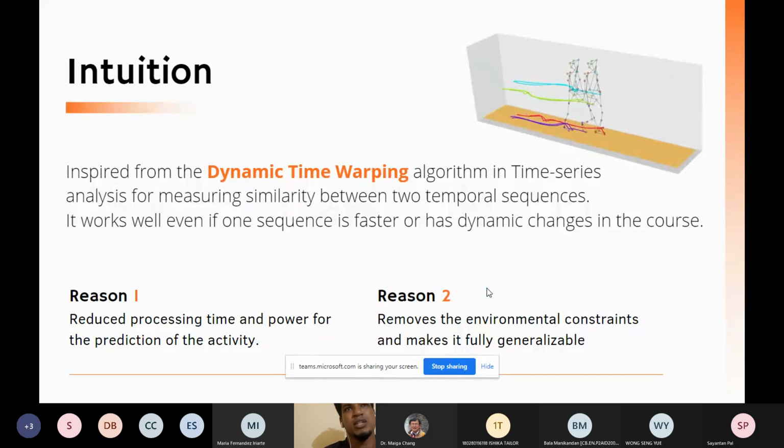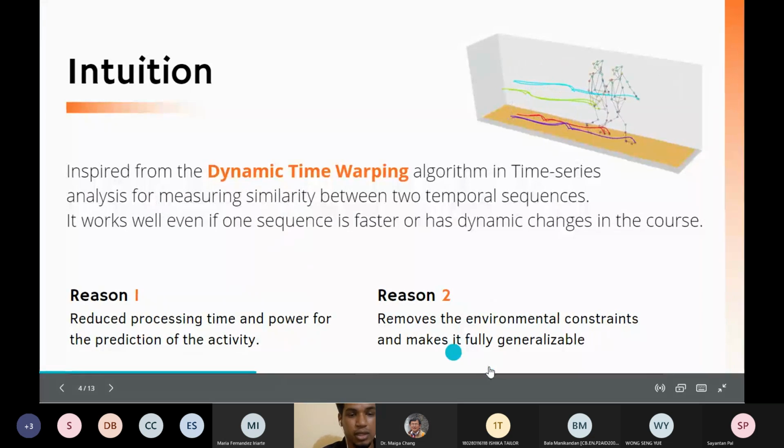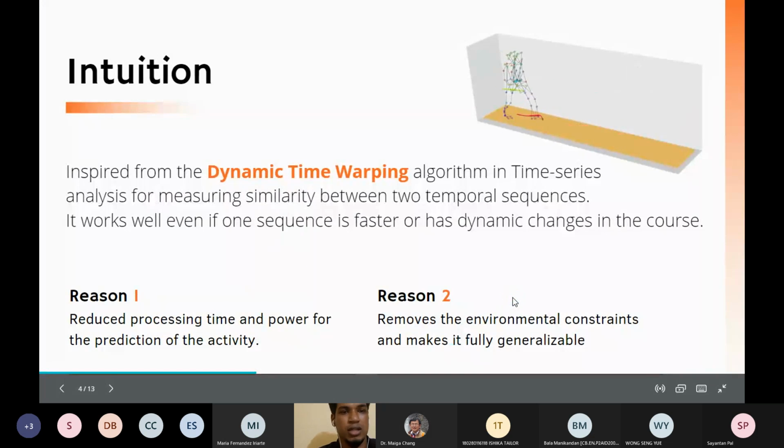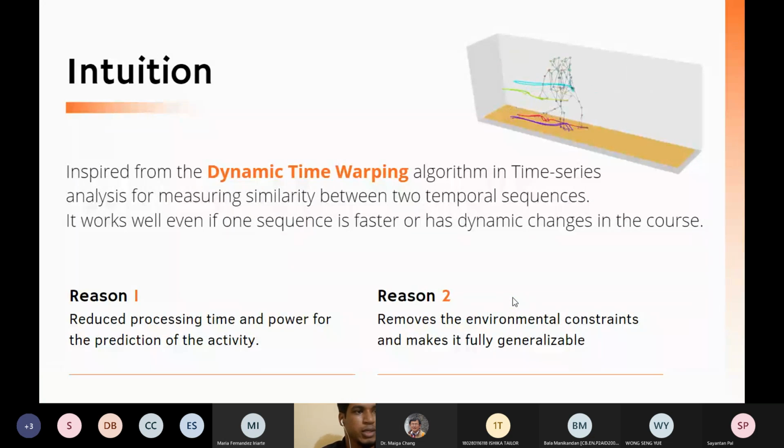For example, if we train the neural network model in one environment, we can use it in another, for example a hospital, a completely different environment. So that was the approach we are looking into.